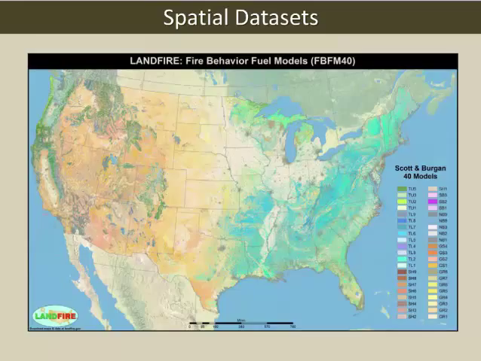These, in my mind, are some of the most interesting data sets. They're probably the most difficult to develop because they involve mashing together several data sets and then developing rule sets that tell you how to label a particular pixel based on all the inputs. So they're used in several of the fire behavior modeling programs.